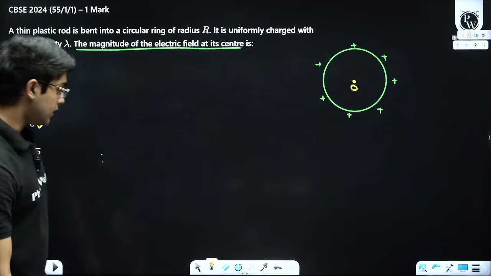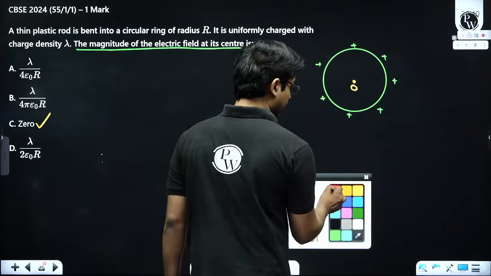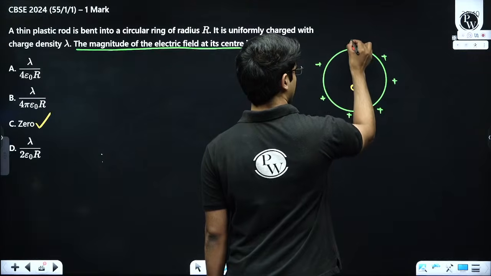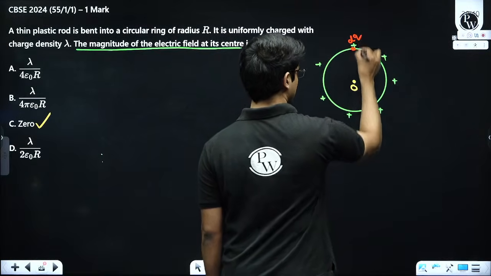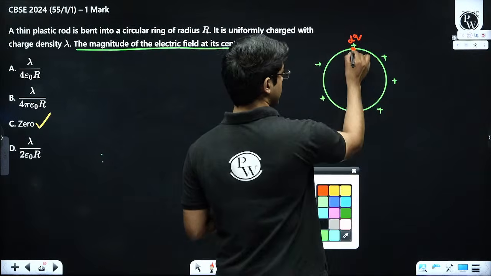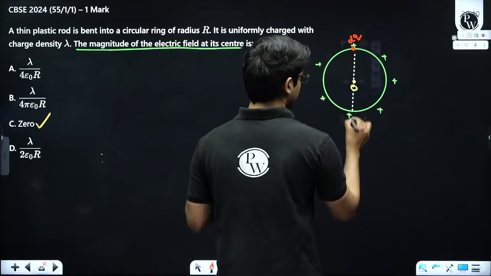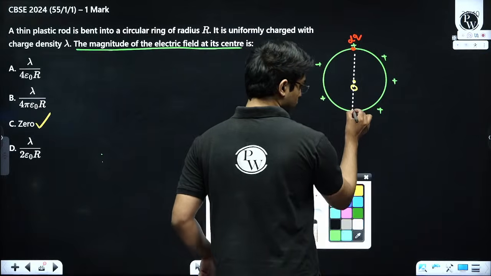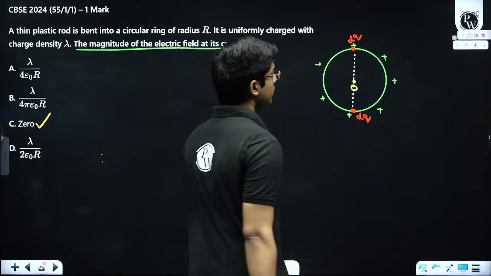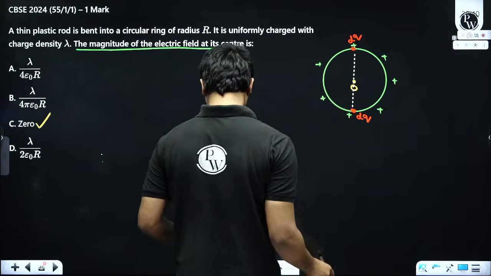Another way to see it is you can take a tiny charge dq over here, and through a diameter connect it to the opposite point, and here also choose a dq charge, similar to this one.